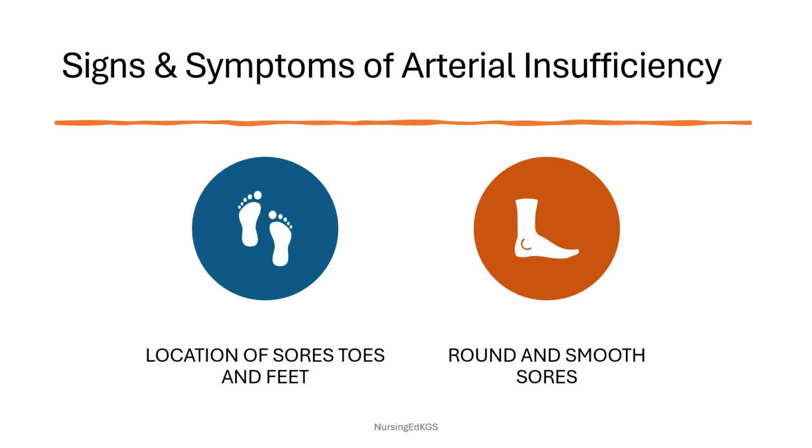The smooth round edges of arterial ulcers are often described as punched out because they tend to have a sharply defined border with a clean, uniform shape. This is very different from venous ulcers, which usually have irregular borders and a more uneven surface due to the underlying mechanisms.